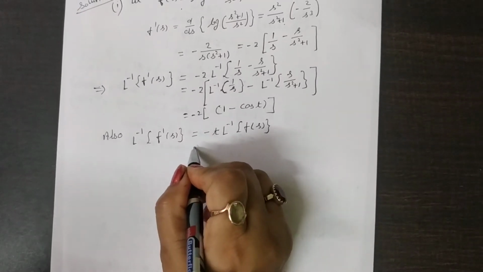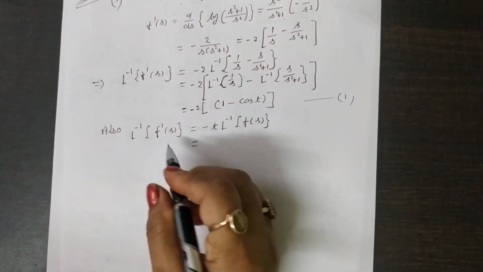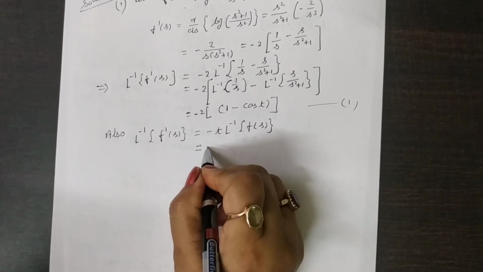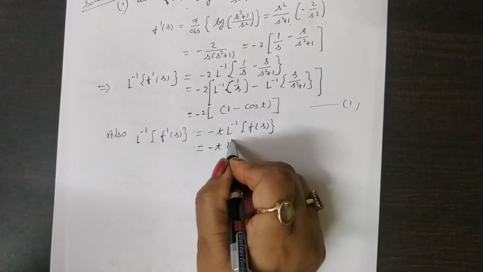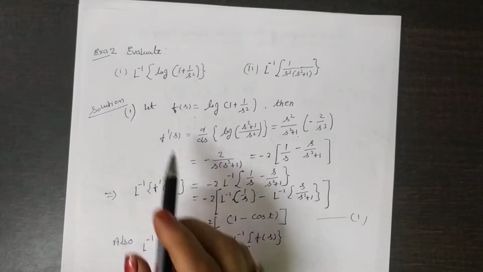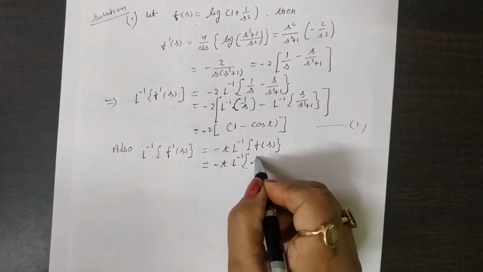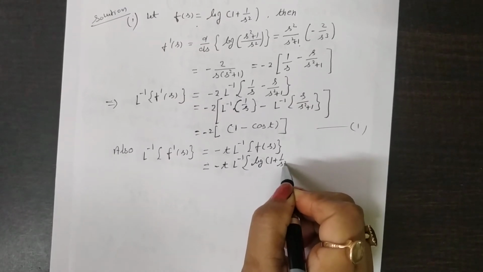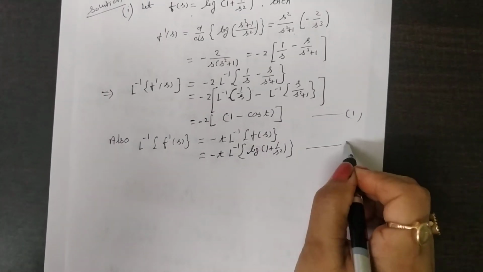Therefore this is equal to this one; let us call this equation number 1. Similarly, by the derivative property, this can be written as minus t times Laplace inverse of F(s), where in your problem F(s) is log(1 + 1/s²). Let us call this equation number 2.